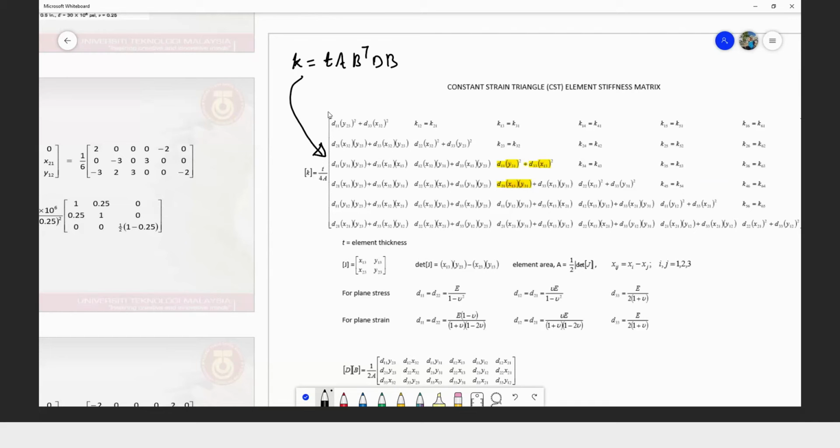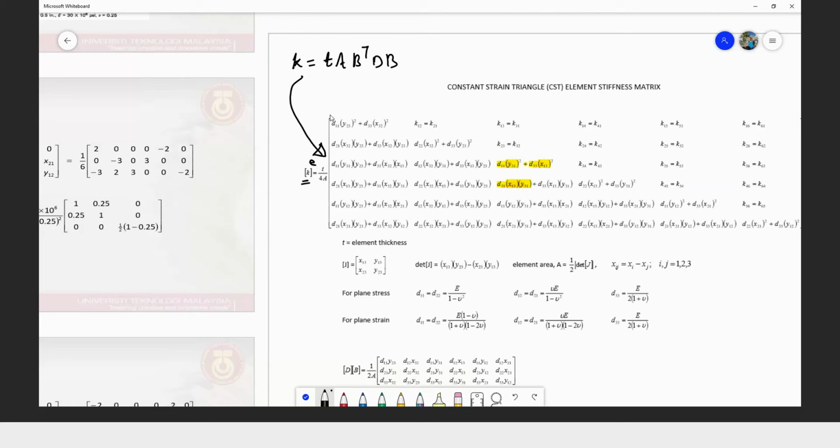This K must be solved for every element. If we have 5 elements, it must be solved for all 5 elements.